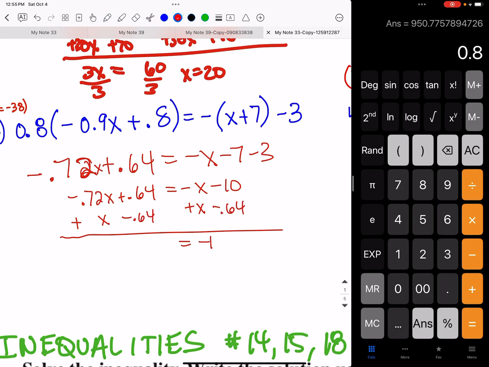So we've got negative 10.64 equals negative 0.72x plus 1x. So 1 minus 0.72 equals 0.28, and it's positive, so 0.28x divided by 0.28. X equals, and I think it's going to be negative 38.